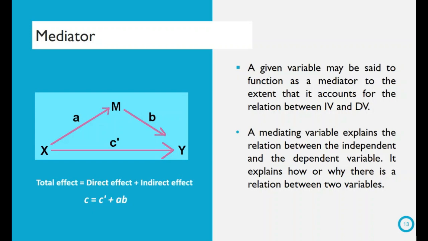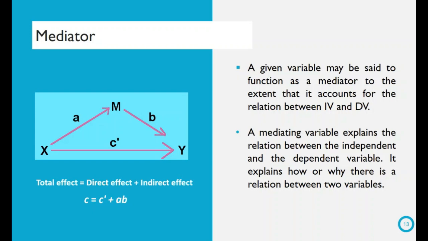The direct effect is not mediated, just like C prime. As you can see on this slide, we have three variables here: X, Y, and M. The direct effect is from X to Y. The beta value is C prime. This C prime is not mediated, it's just the direct effect.